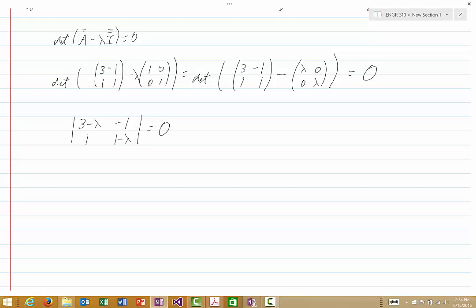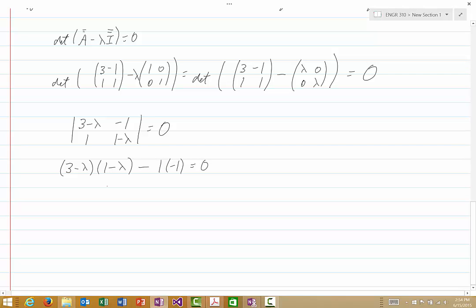And remember that to find the determinant of a 2 by 2 matrix, we just multiply the diagonal terms by each other and then subtract what we get when we multiply the off diagonal terms. So we will get 3 minus lambda times 1 minus lambda minus 1 times -1 is equal to 0.